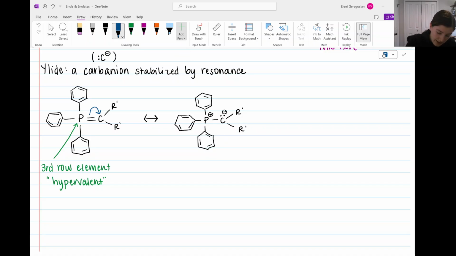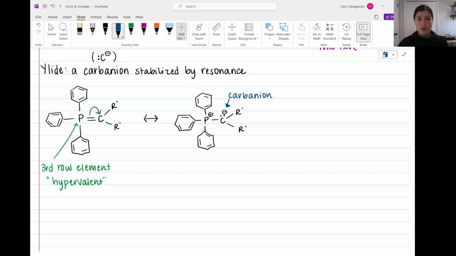So here's our carbanion. Again, resonance stabilized, just like when we did our previous reactions in this unit with enolate ions. We have a negatively charged carbon in enolate ions that is stabilized by resonance. It's the same idea, but in this case, the carbanion is stabilized by resonance with the phosphorus.